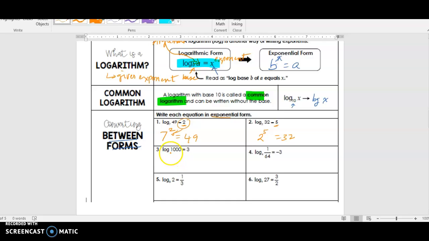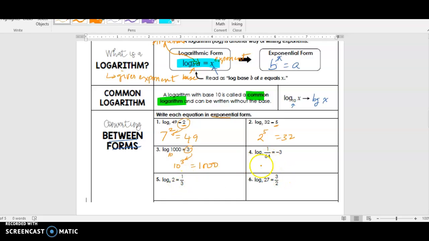Now here you see there is no base, meaning the default base is 10. So 10 to the power of what is 1000? 10 to the power of 3 is 1000. Right? You just go ahead. It's just like the same thing. Even though the argument might be a fraction, or the exponent might be a fraction, it doesn't matter.